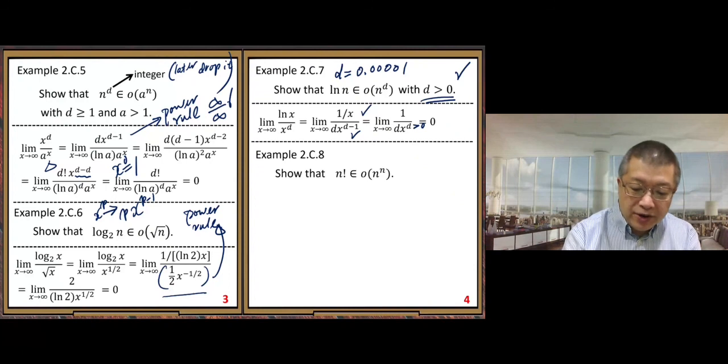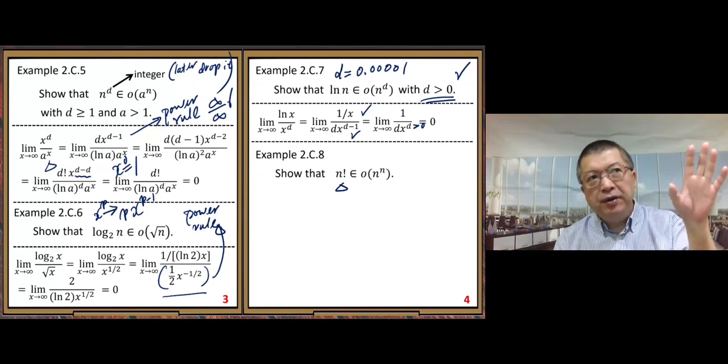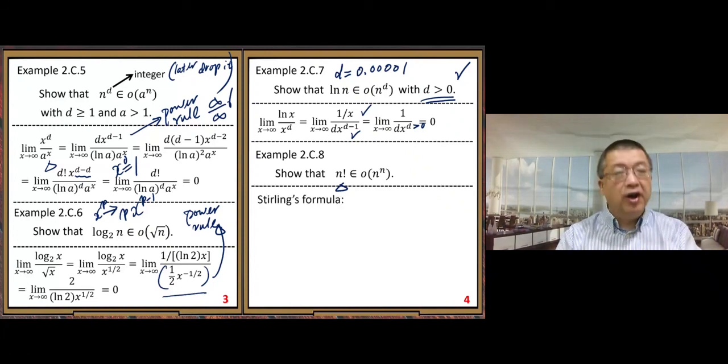The harder part is n factorial. How do we describe n factorial? That is very difficult. But here, in order to handle the n factorial, we need to use a special formula. So what's that formula? Stirling's formula.